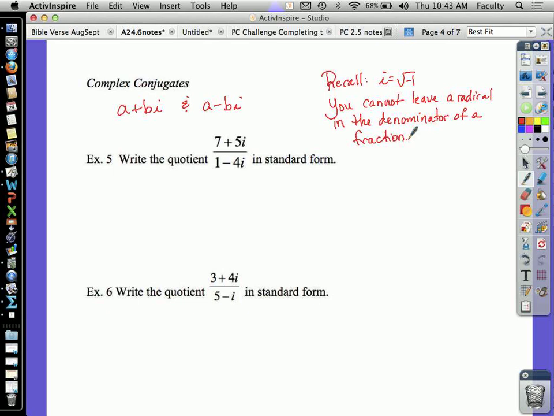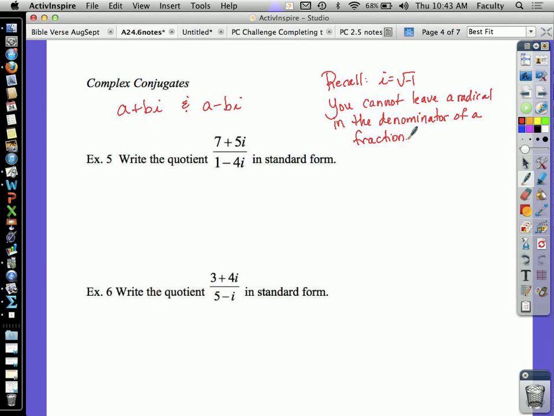So if i is the square root of negative 1, you can't leave i in the denominator. So if you multiply by a conjugate, that's going to get rid of the i, didn't it? When I took 5 plus 2i times 5 minus 2i, there was no longer an i. It turned out to be a number.